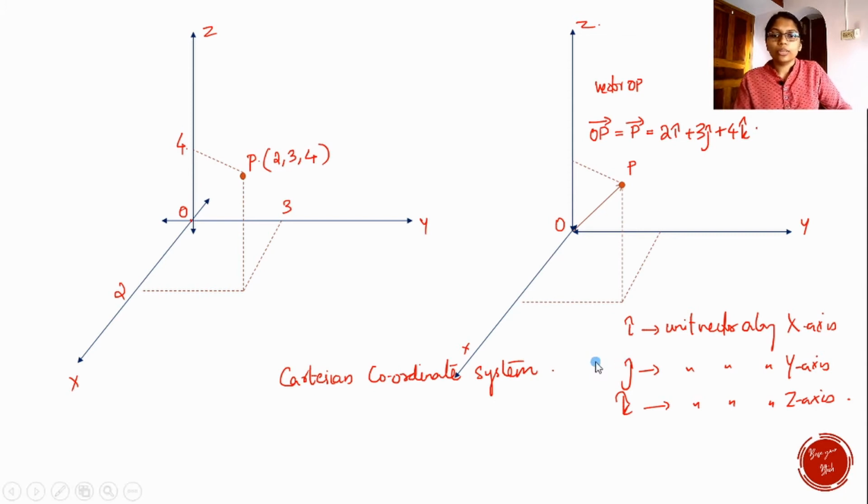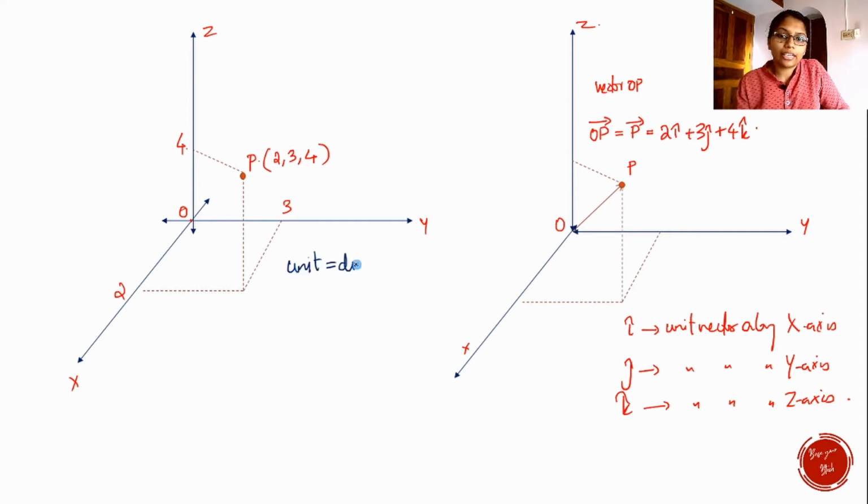So let's see to it. This unit vector is also called the direction vector. As I said, for a vector, we have both its magnitude and its direction.